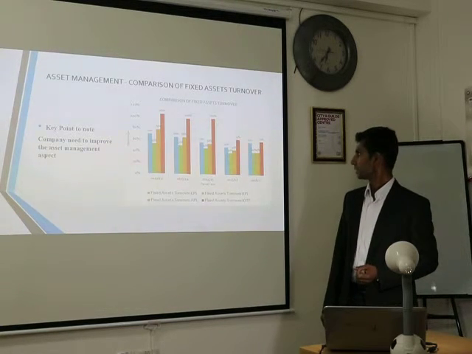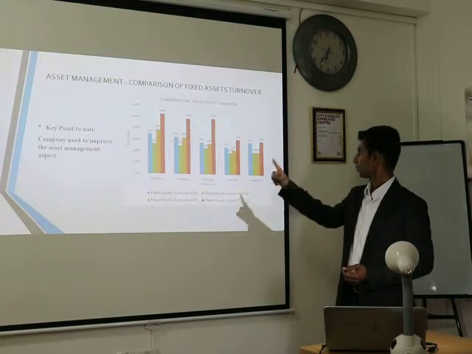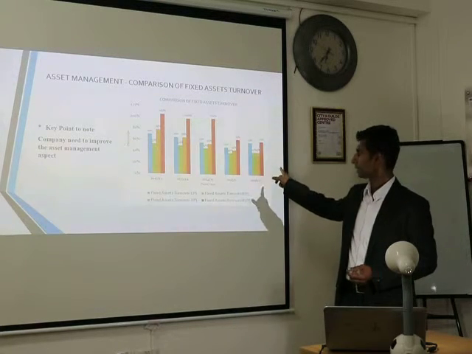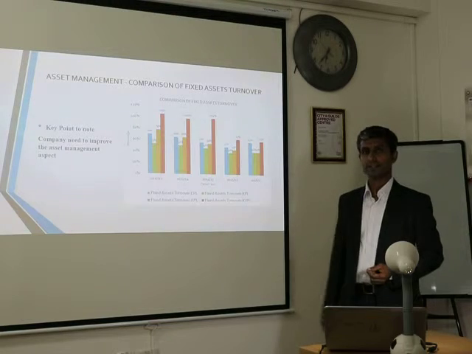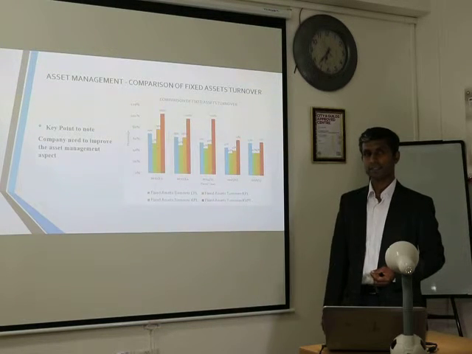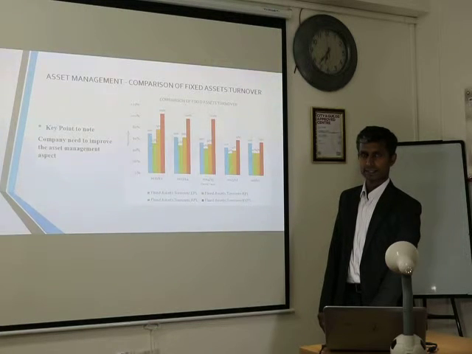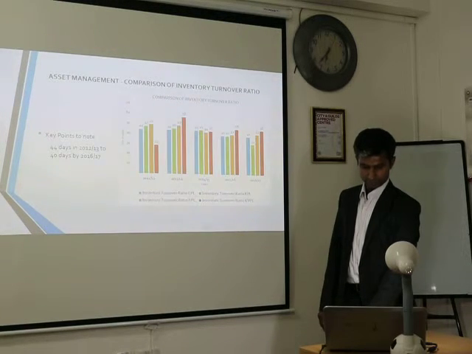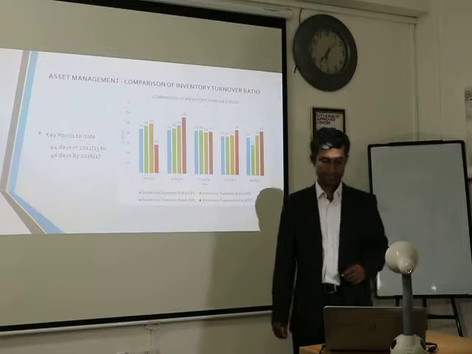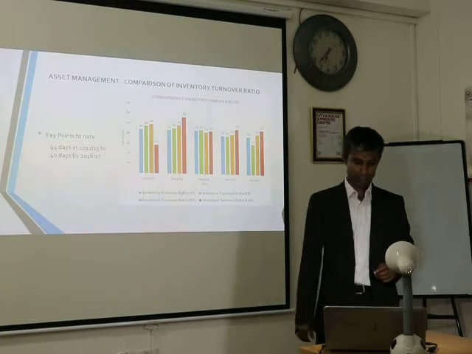That is a marginal drop, but you can see all the other companies are dropping even more. So it still shows efficient management of the assets, how the company utilizes assets for revenue generation. Now let's move ahead with the next analytical area, the inventory turnover ratio.